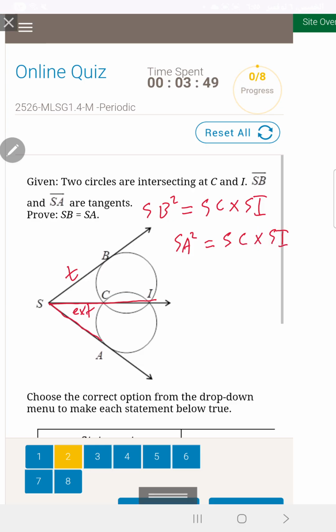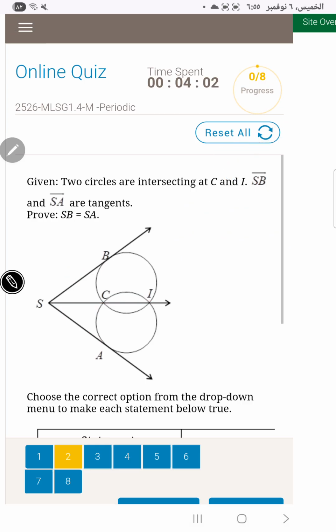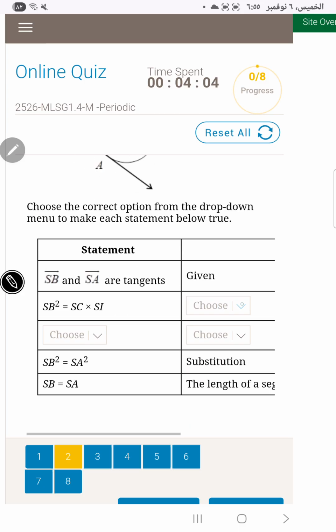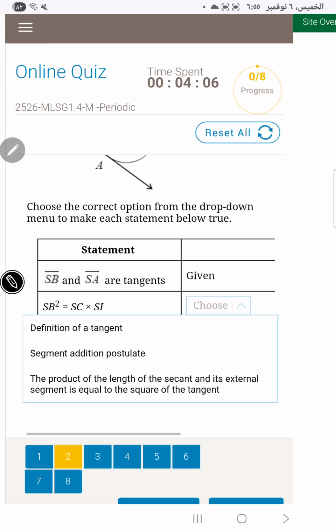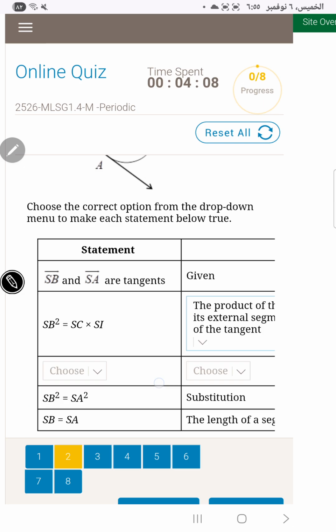So we say here the square of the tangent is the product of the external part of the secant times the whole secant. Product means multiplication. So now this is statement, reason, question. So let's choose this rule that we spoke about.